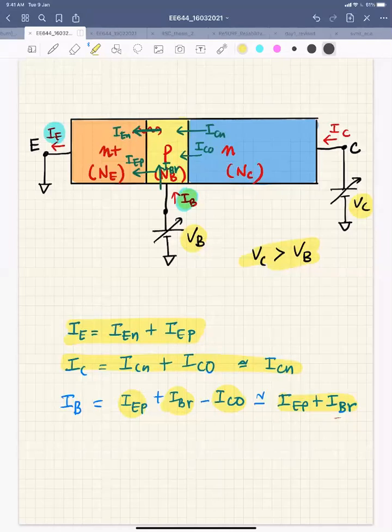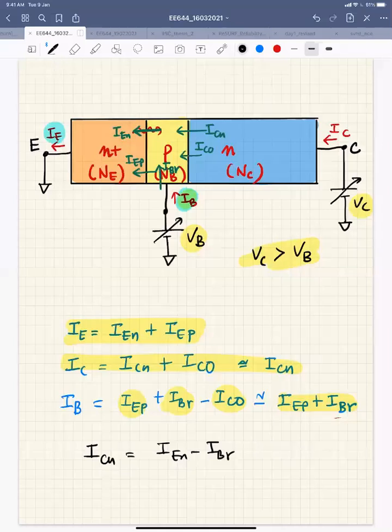So I could also write your ICN is IN minus IBR, right?